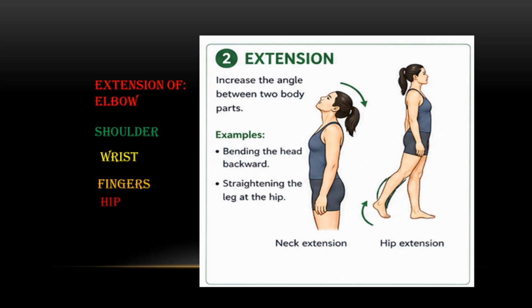This increases the angle between the trunk and the thigh. The knee extension is bringing back the leg from the flexed position. This is knee extension. Then we also have toe extension.